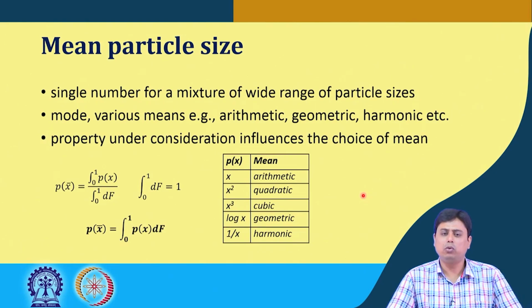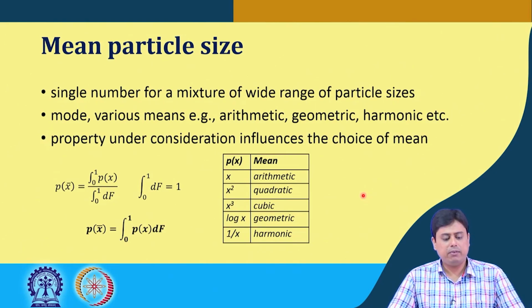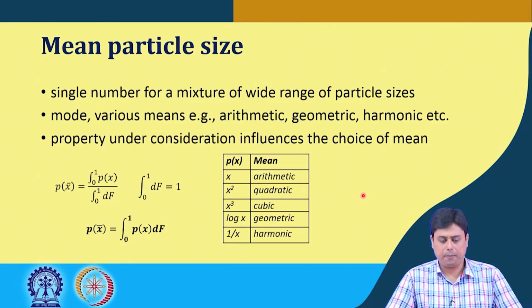The example of mode we have seen. There can be various means like the arithmetic mean, which we simply find by averaging. There can be geometric mean, harmonic mean, and so on. There are several statistical means available to find the appropriate representation of that sample by a single number.